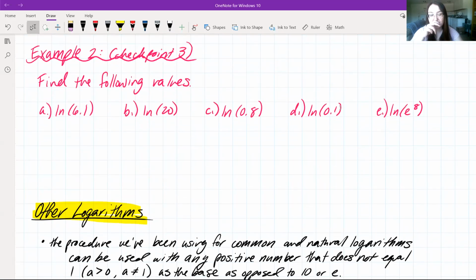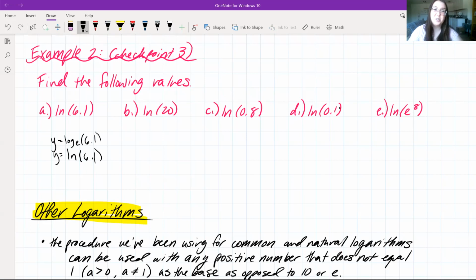So we have example 2 here, which is also checkpoint 3, and we want to find the following values. So we have the natural log of 6.1 for our part A here. So we want to rewrite this just as we did before. So we'll get that y is equal to log base e of 6.1, or we can just write ln of 6.1.